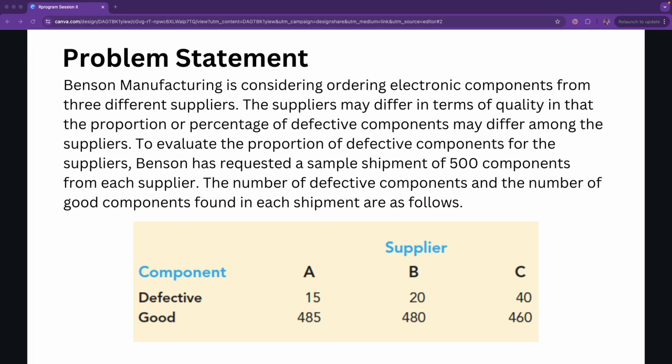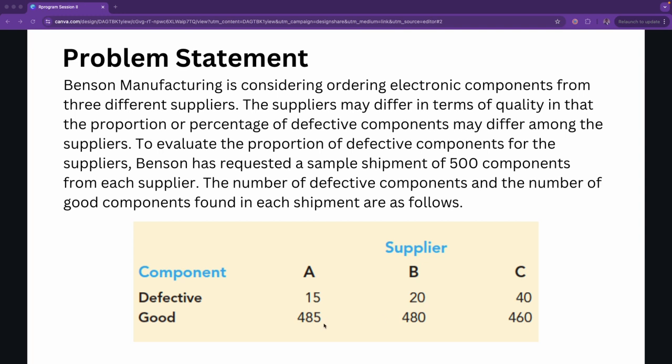The number of defective components and the number of good components found in each shipment are summarized below. So you could see that summary here in this table, right? We have the suppliers, three of them, A, B, and C, and the component based on the quality, is it defective or good? We could see the number of components that are defective for each of the suppliers.